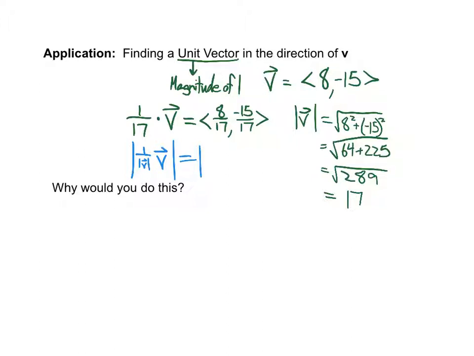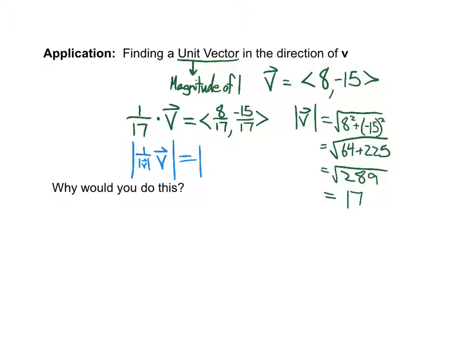Now, here's the question. Why would we want to do this? Makes your life easier. Okay. Honestly, I don't know. What if we wanted this same direction, but we wanted its magnitude to be, say, 60?